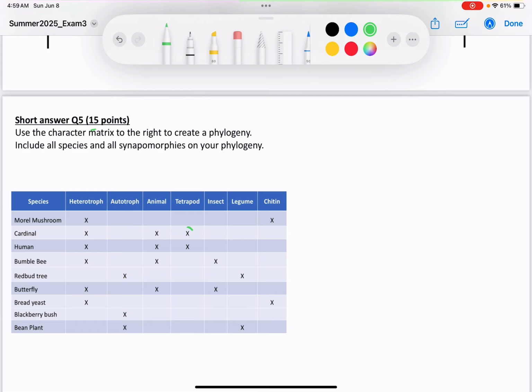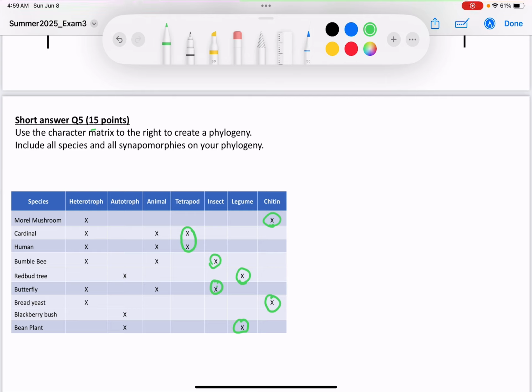So it looks like the cardinal and the human are both tetrapods, and the bumblebee and the butterfly are both insects. The redbud tree and the bean plant are both legumes. And the mushrooms and the bread yeast both have chitin in them, okay?